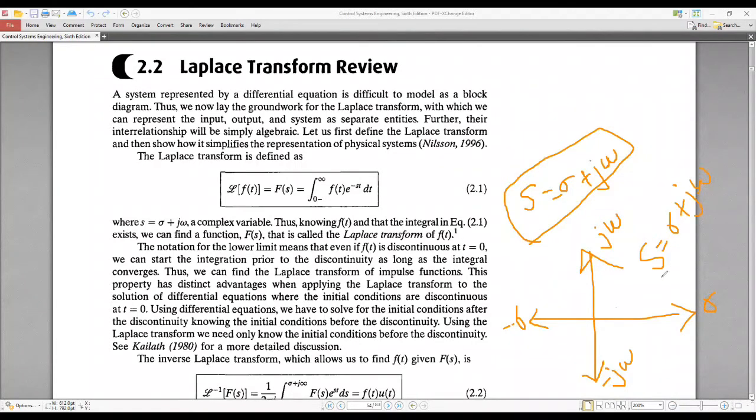Obviously it is a complex term, a complex variable, because of the j, negative j, positive j. That means the imaginary axis, and that is the real axis. So that is the definition of the Laplace transform.